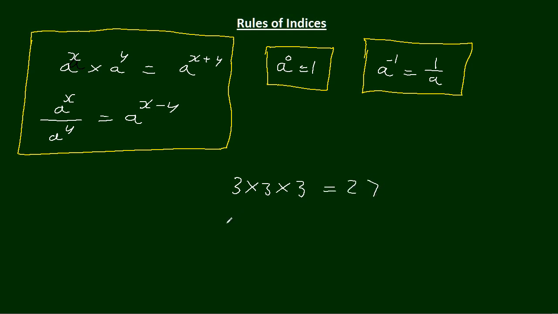But I could write it like this, because that's to the 1. 1/3 plus 1/3 plus 1/3 will make 1. 27 to 1/3 is the same as a 3. 3 times 3 times 3 makes 27, and this lot times itself makes 27. We can say that 3 equals 27 to 1/3, which is the cube root, and normally we show it like this.